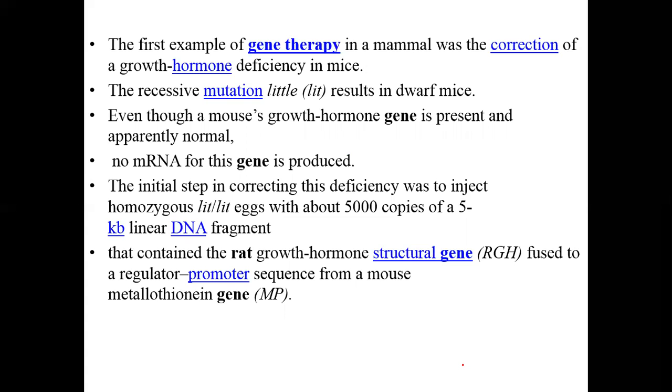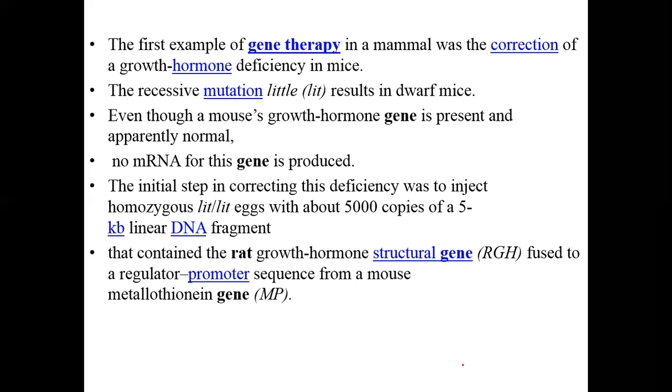The initial step in correcting this deficiency was to inject homozygous little eggs with about 5,000 copies of a 5 kb linear DNA fragment that contained the rat growth hormone structural gene. This rat growth hormone is fused to a regulator promoter sequence from a mouse metallothionein gene (MP).